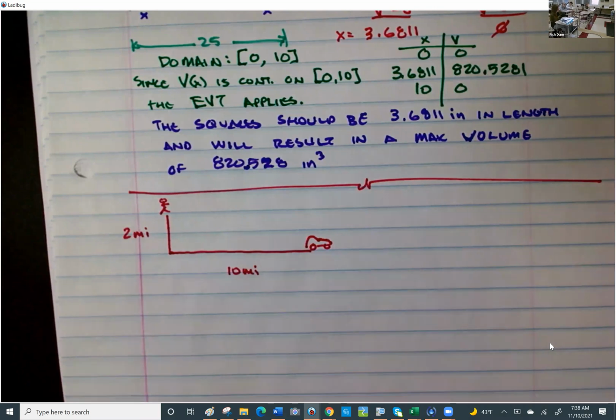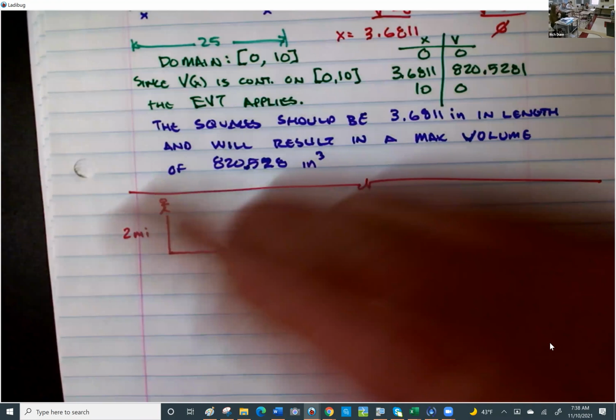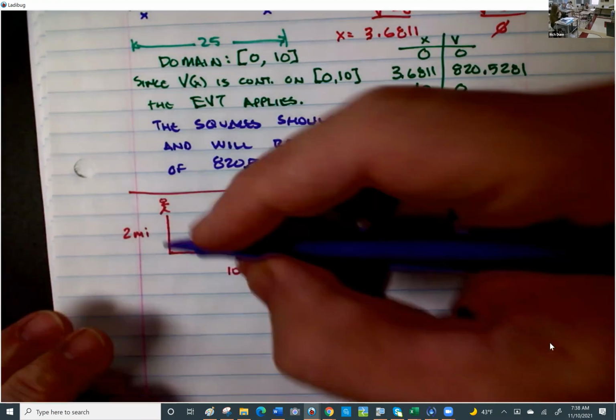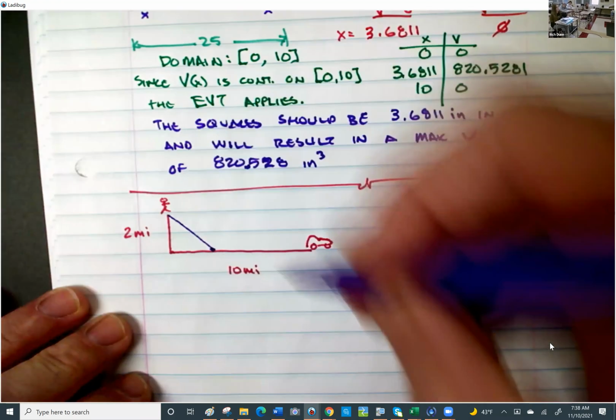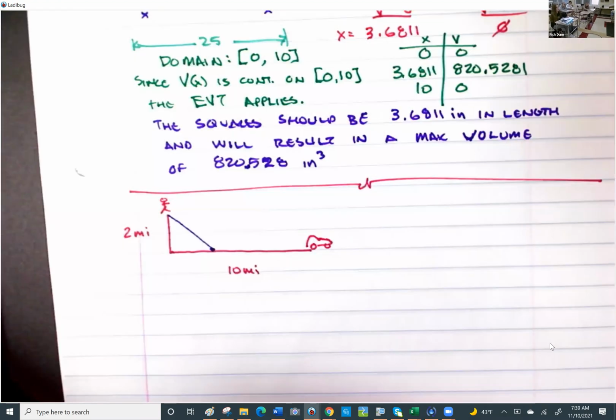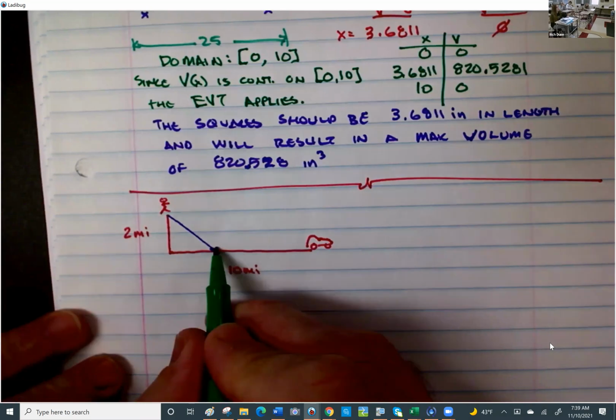Now, she's given the opportunity to walk anywhere along this road. She could walk just like this and reach this point. And then she would have to go along the road this length.